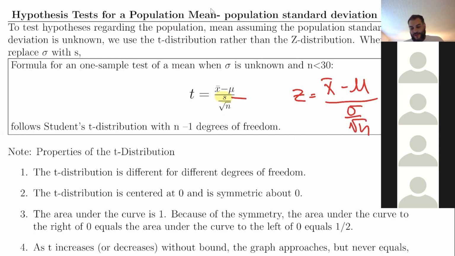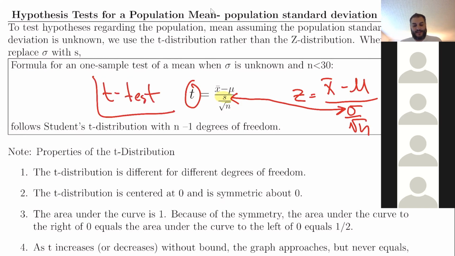The only difference is what we use for standard deviation. If you have the population standard deviation, you always want to use it because that's a more accurate reading. But if we don't have it, you have to get the next best option, which is the sample standard deviation. Anytime we have the sample standard deviation, you want to use the t-distribution. In the calculator, this is just called the t-test.